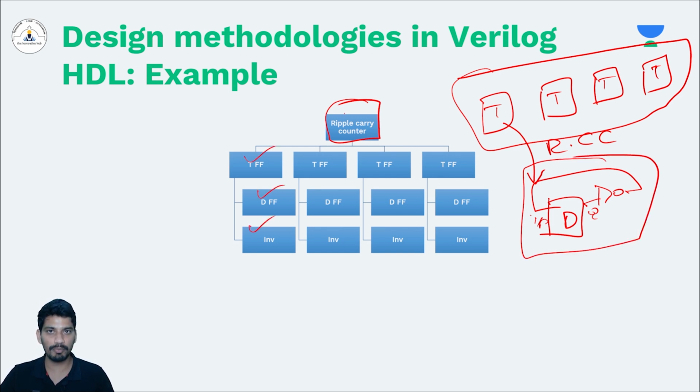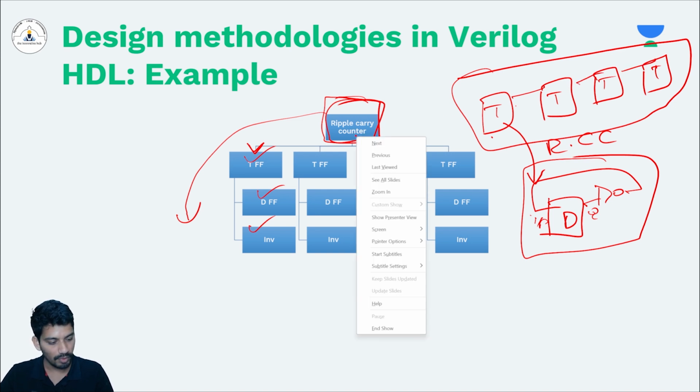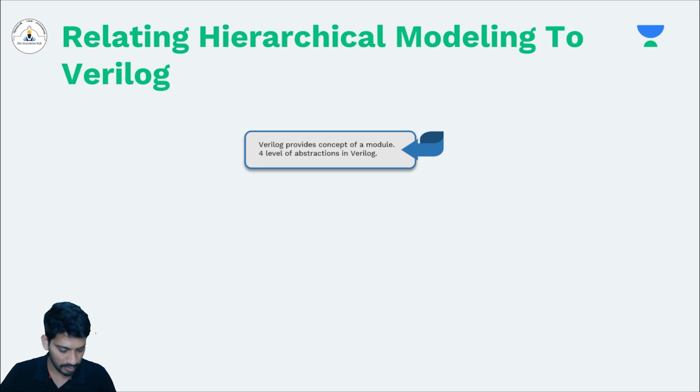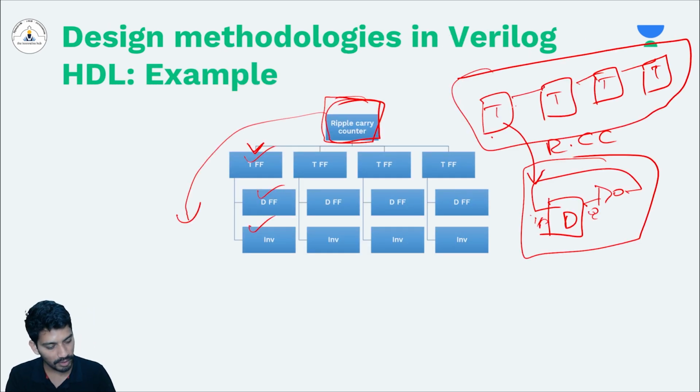So in the top-down approach, how do I design a ripple carry counter? Let's say the functionality I want is a counter. Then I will use 4 T flip-flops and connect them like this to get the functionality of a ripple carry counter. Once I get the functionality of the ripple carry counter using T flip-flops, I need to define what a T flip-flop is and what an inverter is, right?